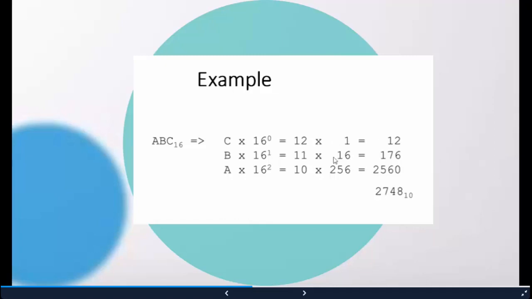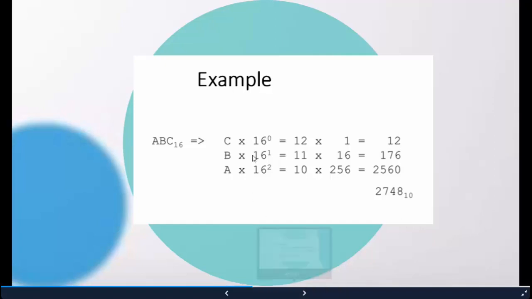You multiply it, and then you have this value for your decimal. Hexadecimal ABC is actually equal to 2748 in decimal.